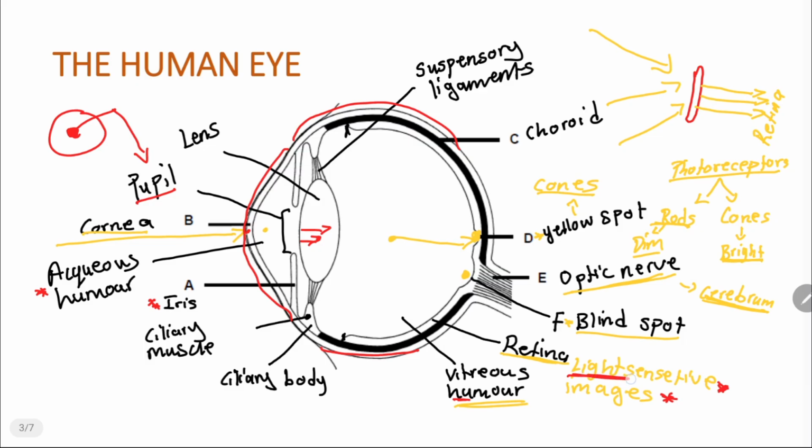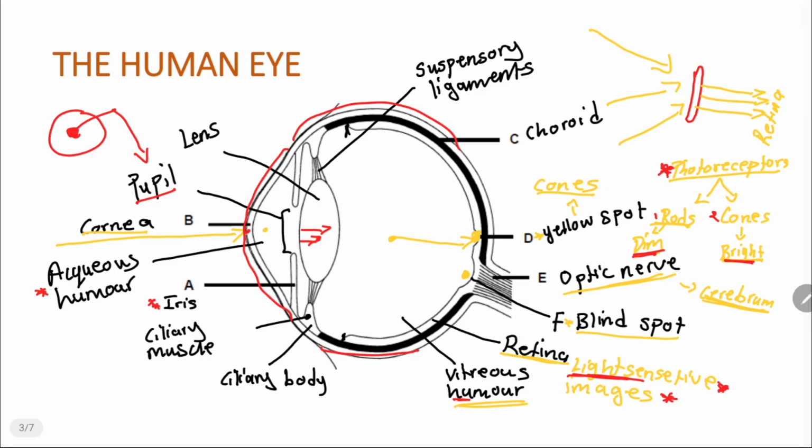Why is the retina light sensitive? Because it contains photoreceptors. How many types of photoreceptors do we have? We've got two. It is the rods and the cones. The rods, we said, are responsible for vision in dim light conditions. The cones are responsible for vision in bright light conditions. So when they are stimulated, they are the ones that are going to convert the stimulus of light into nerve impulse.